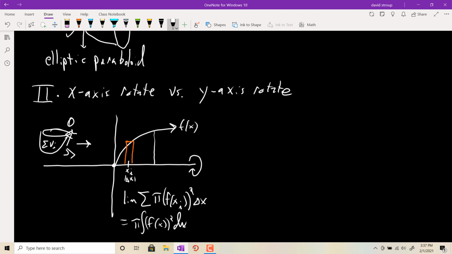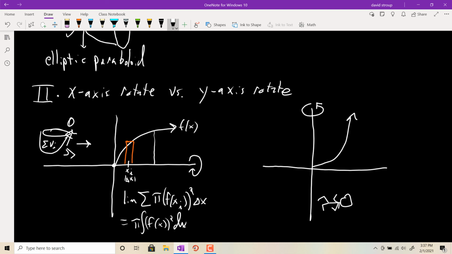Okay, so now the orientation will change, and if we're going about, say, instead now the y-axis, you would have your running man going like this.